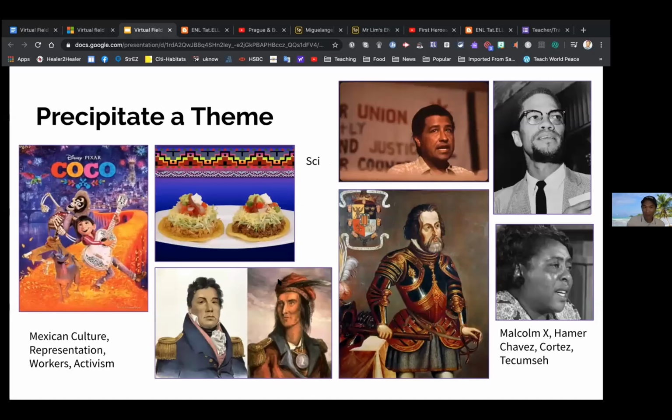Now, what does this mean? Well, you look at all of this and you think, okay, what theme can we derive from this? Well, there's Mexican culture, different representations of people.